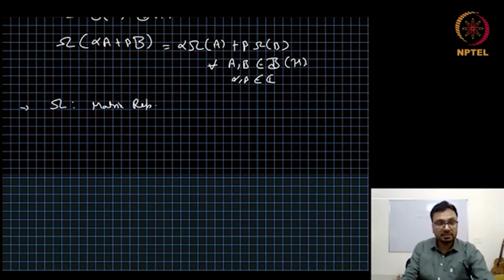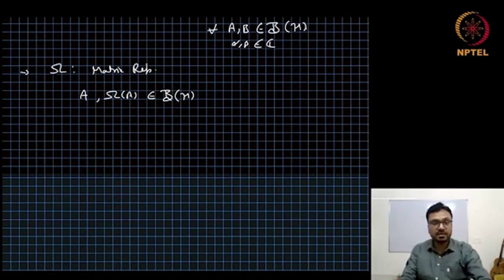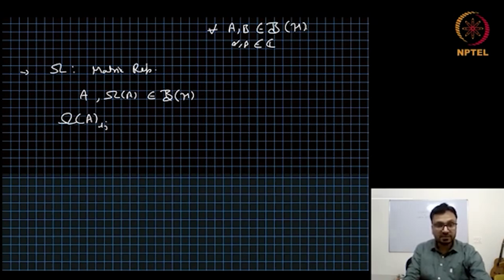So what do we mean by matrix representation? For simplicity, we are assuming that A and omega of A belong to the same set of operators. Of course, it can be generalized to different sets of operators, but for the time being, we are just assuming that. So we can say the map omega acting on A is a matrix, of course, and we consider the ijth element of this new matrix.